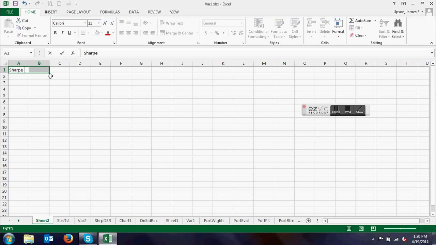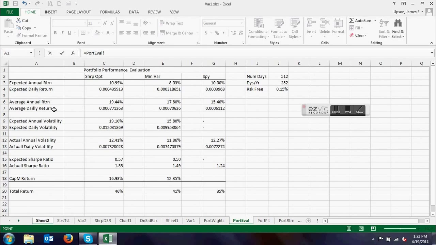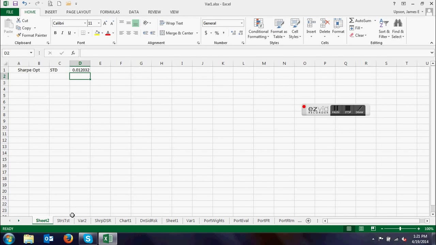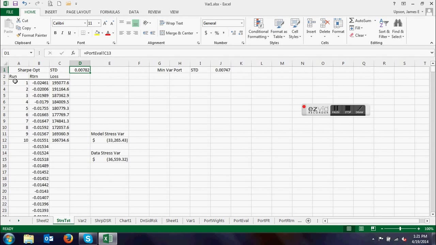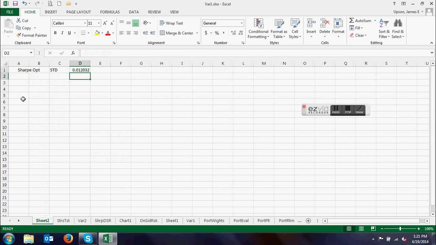So this again is our Sharpe optimal. And we'll merge that together. This is the standard deviation, and I'm interested in the 1-day standard deviation, so it is equal to our expected daily volatility. Similarly here, we're going to have our run, our return, and our loss.